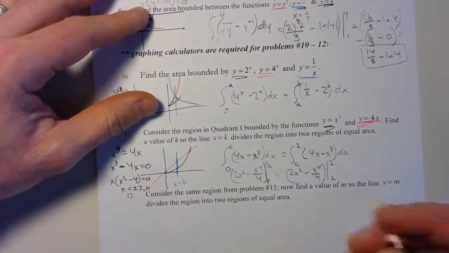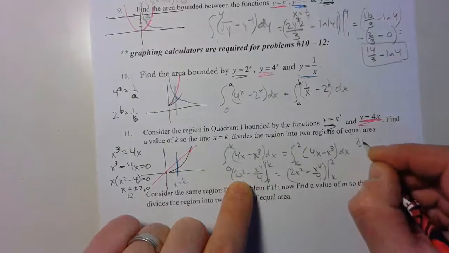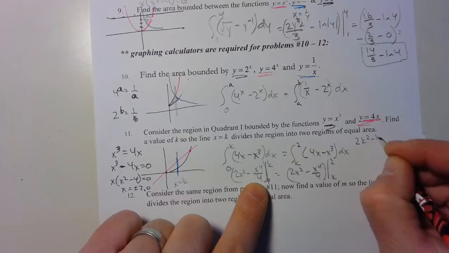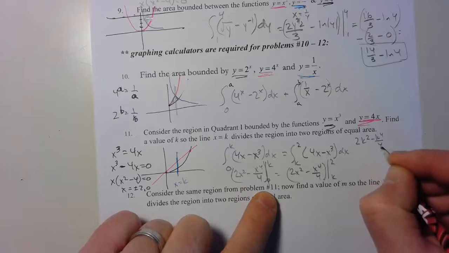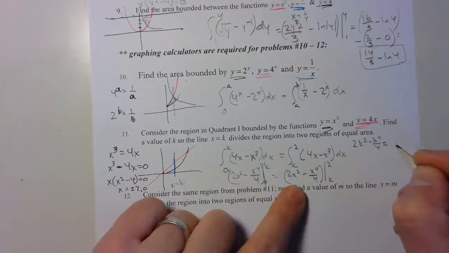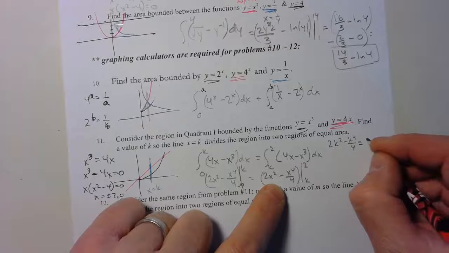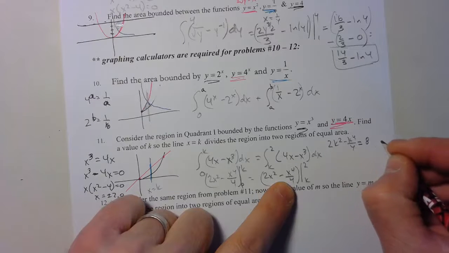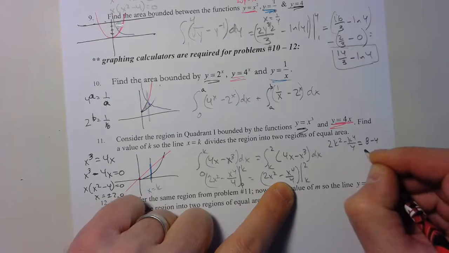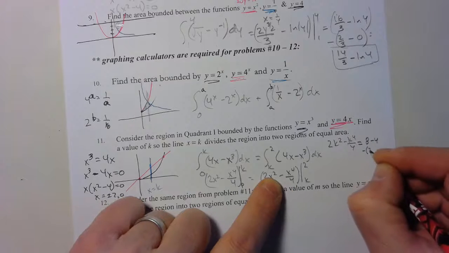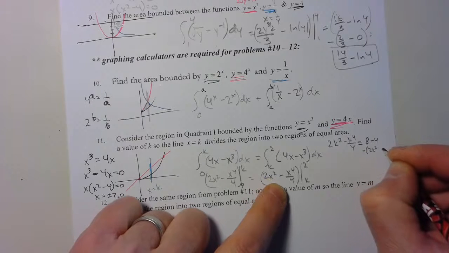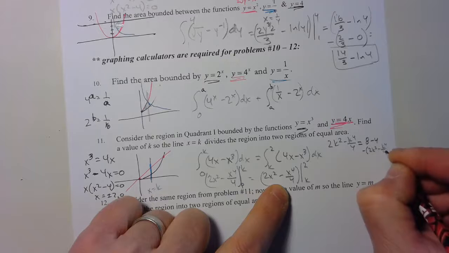If I put that in, I'll get 2k squared minus k to the 4th over 4, and the lower bound goes away, equals 8 minus 4 minus the lower bound of 2k squared minus k to the 4th over 4.